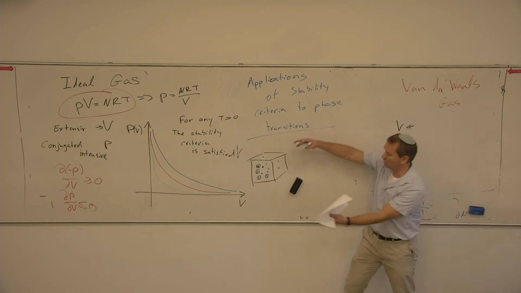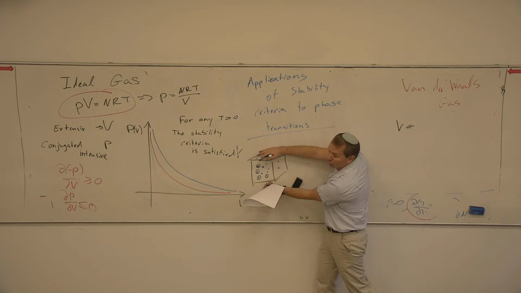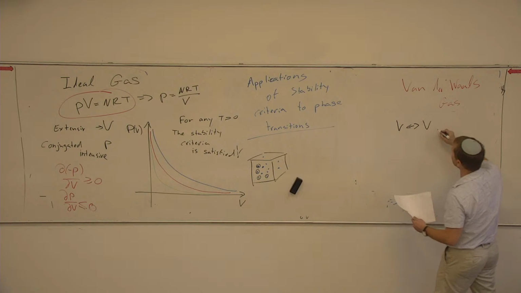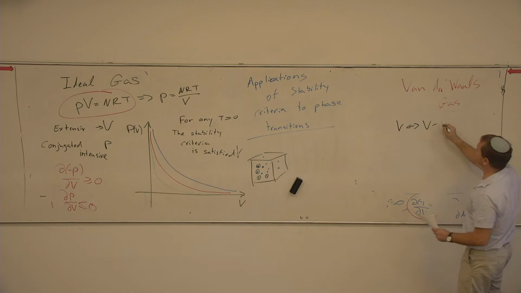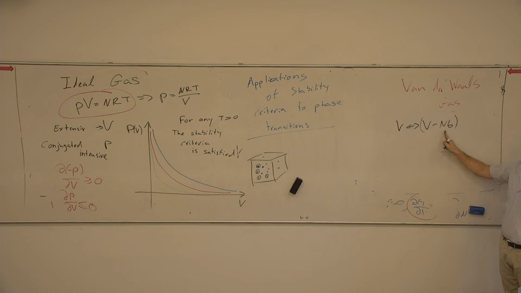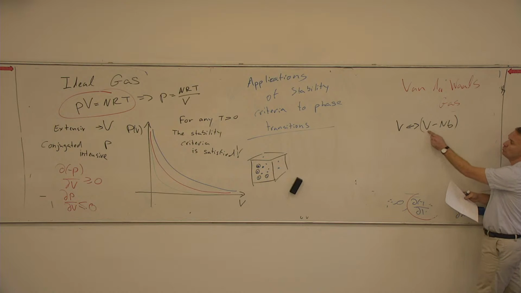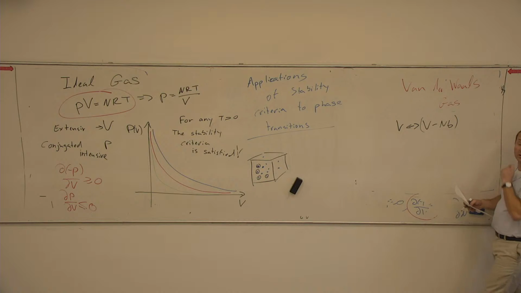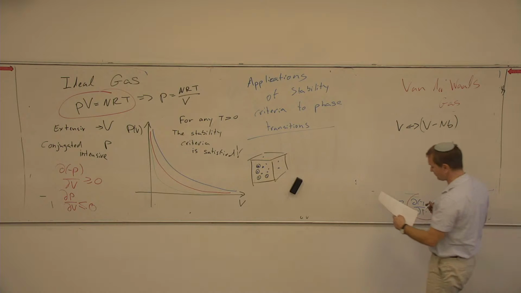So the free volume is what's important, not the total. The volume has to be modified by taking out the total self-volume of the particles. N is the number of particles. Let's assume b is the self-volume of each particle. So the volume is decreased by the total number of particles multiplied by the self-volume of each particle.